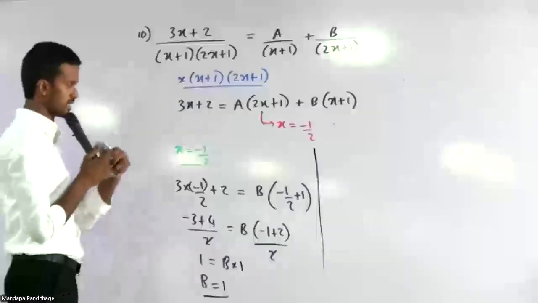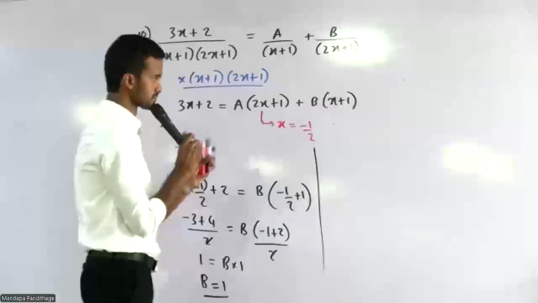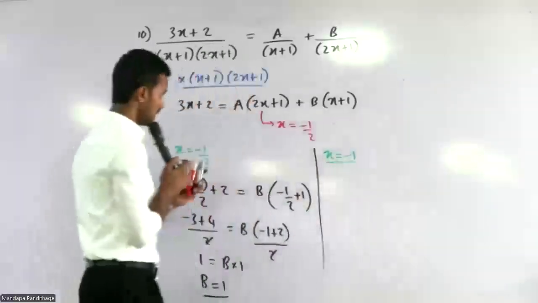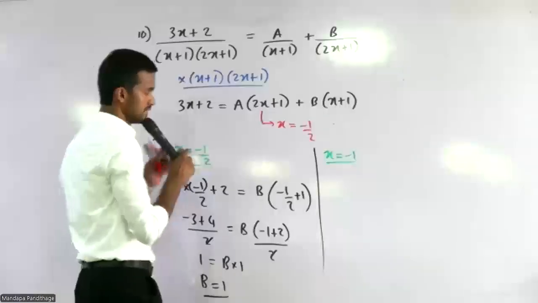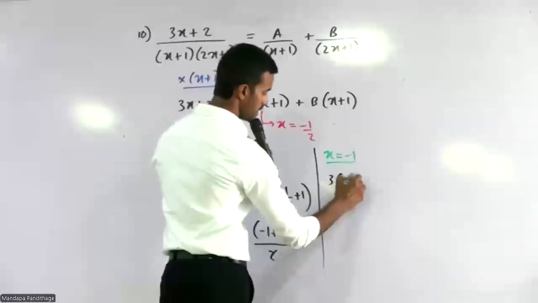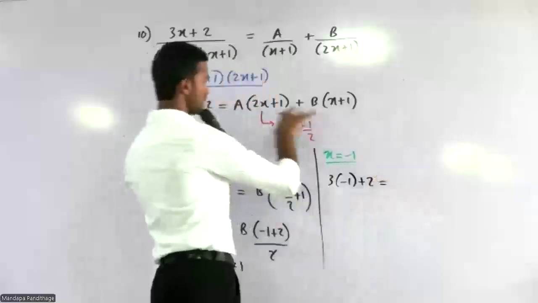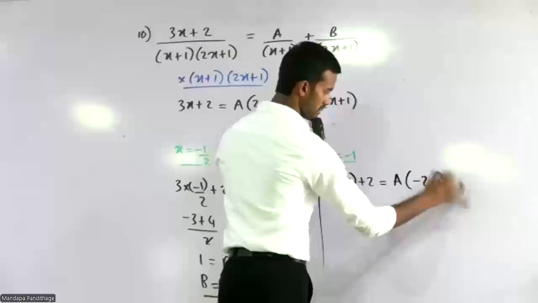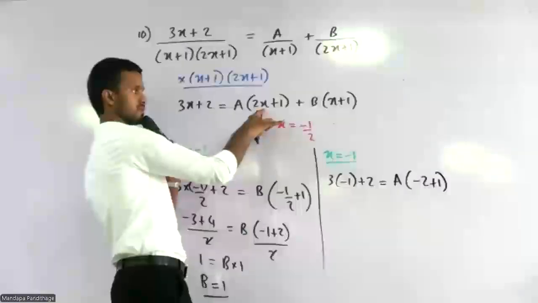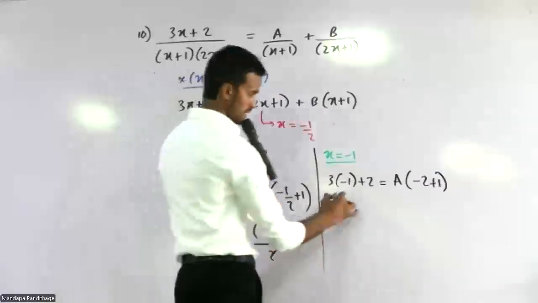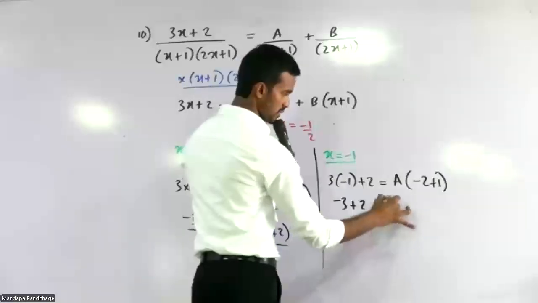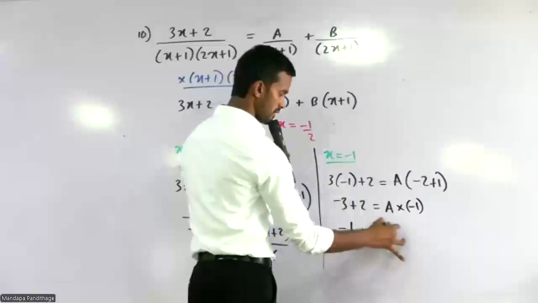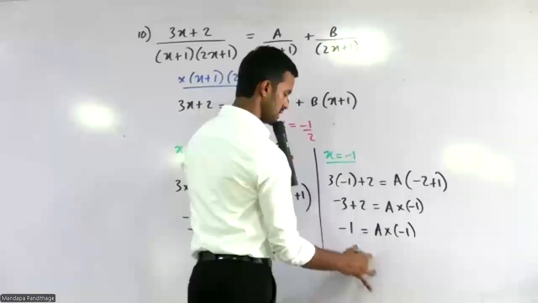And when you put x equals -1, the easier one, here it's 3 into -1 plus 2 is equal to, this is the only remaining one, no? A times -2 plus 1, because when you put -1, this becomes -2. This is anyway 0. -3 plus 2 is equal to a into -1, which means a is equal to 1.